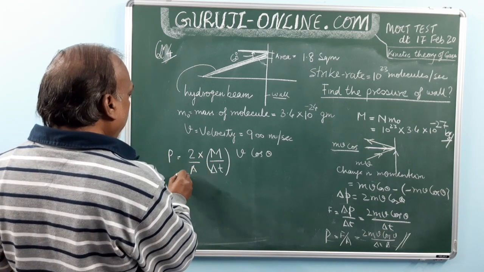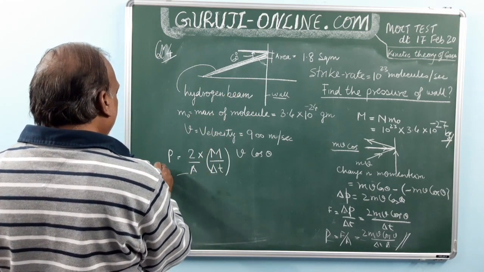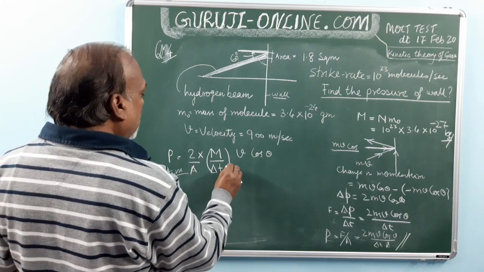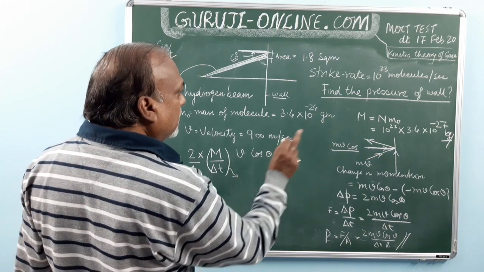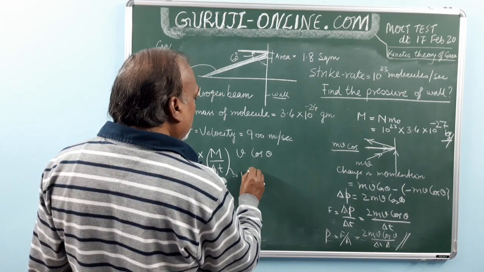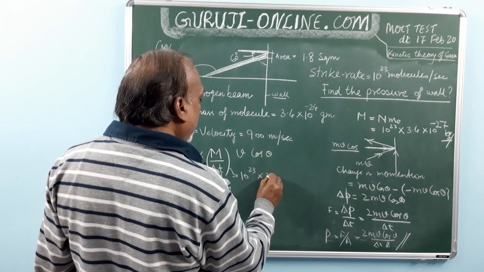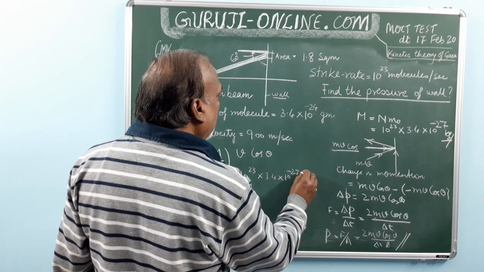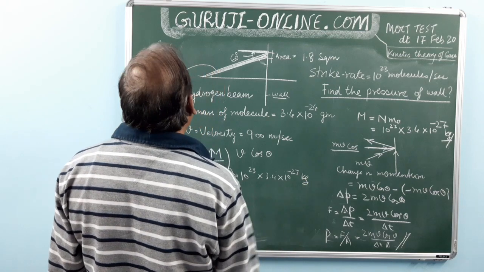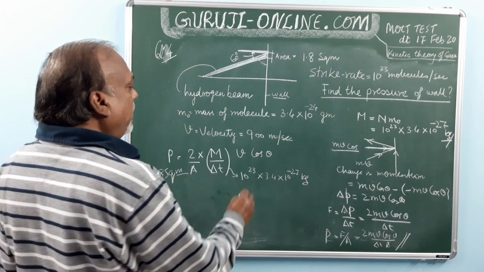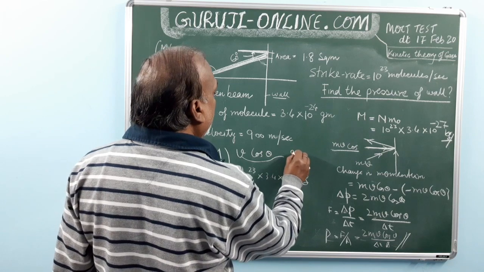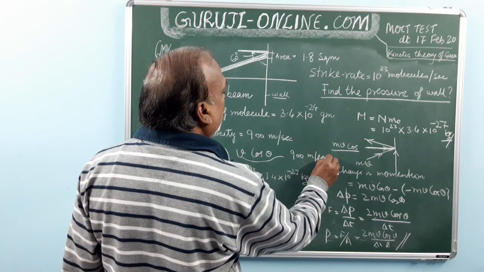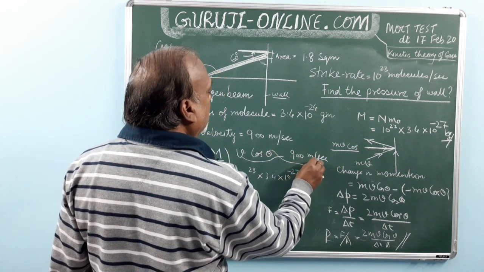We know A is 1.8 square meter. This quantity is nothing but 10 into 3.4 into 10 raised to minus 27 kg, and we are given 900 meter per second, and theta is 60 degrees.